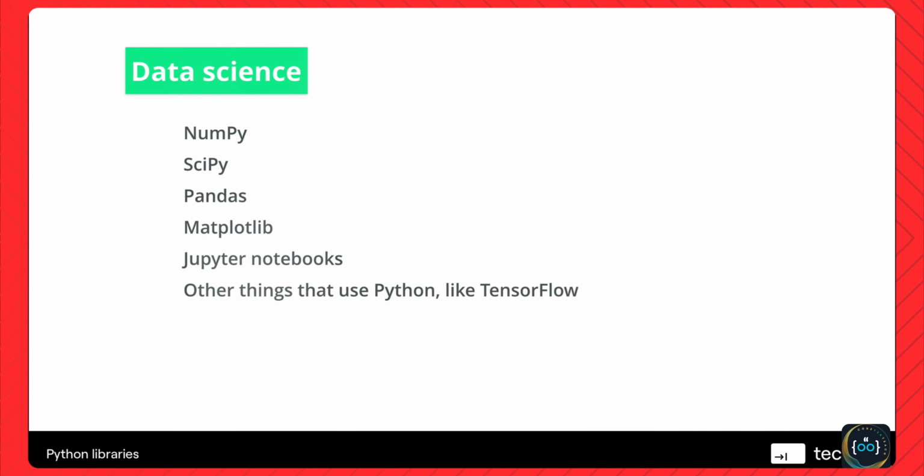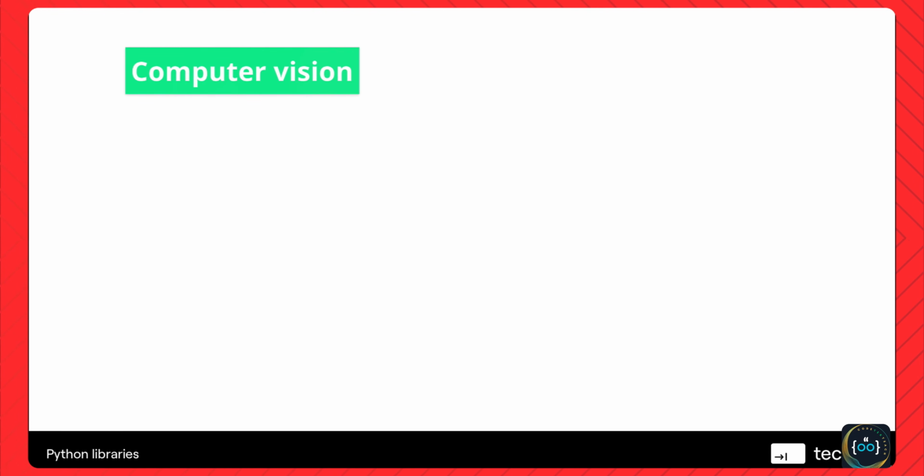And of course, there are many other tools that use Python in data science, such as TensorFlow, which is not really a library per se, but still uses Python. For computer vision, it's not really something I'd recommend using Python for necessarily. I'm sure there are better ways of doing computer vision than with a language that only runs on one thread.